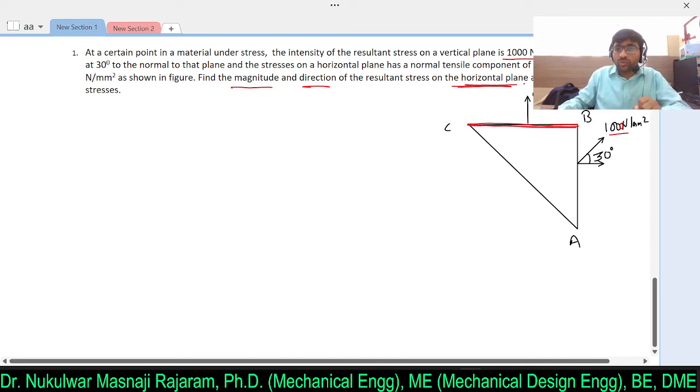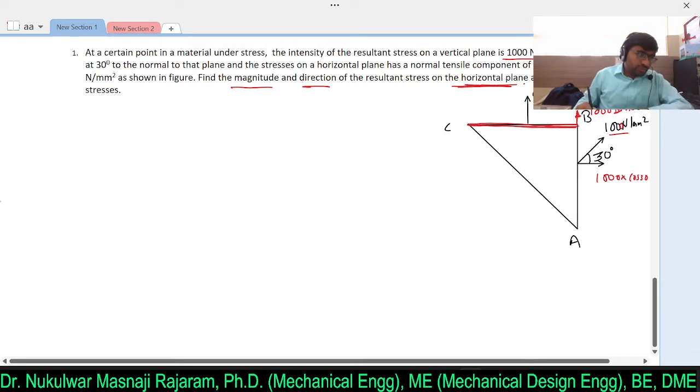Now here we need to take care about only the forces acting on CB, clear. So this is the 1000 Newton per mm square force. We need to resolve it in two directions, that is 1000 into cos of 30, and here I can consider 1000 sine of 30, clear.